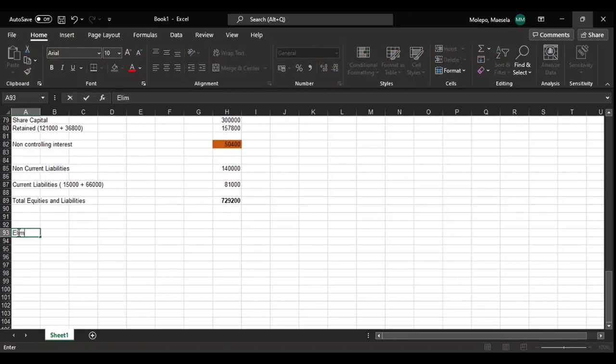So elimination of profit from inventory. We only eliminate unrealized profit.